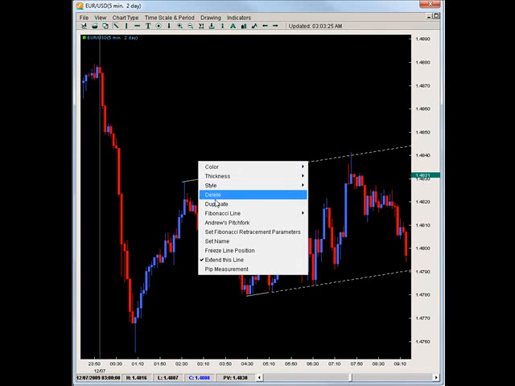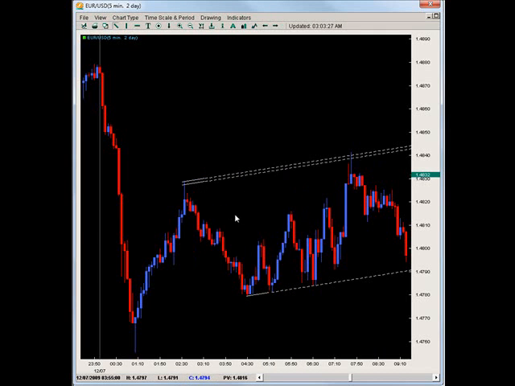Now the other part of this channel trading that I do is always draw the third parallel line, put it right in the middle, and that becomes a gauge of where it's most likely to break out, but it also becomes a gauge to how to set targets.